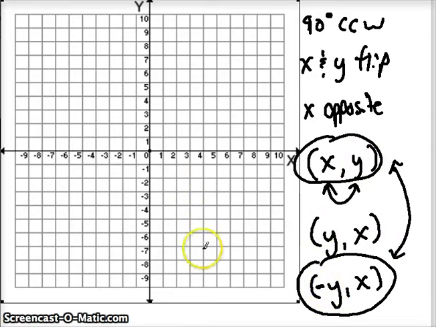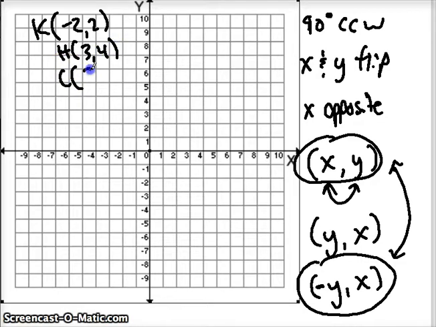So let's try a shape again. And this time we're going 90 degrees counterclockwise. Let's start with K. We'll make it negative 2, 2. H is going to be at 3, 4.